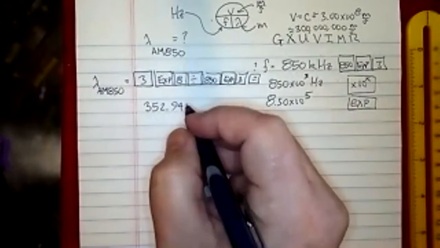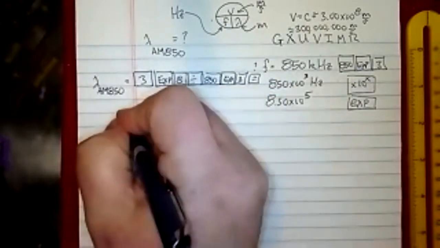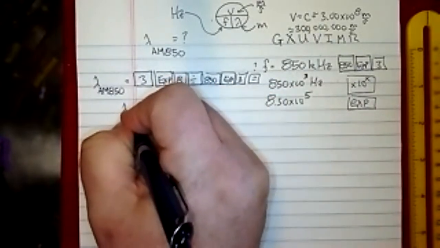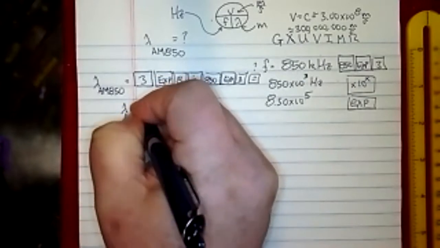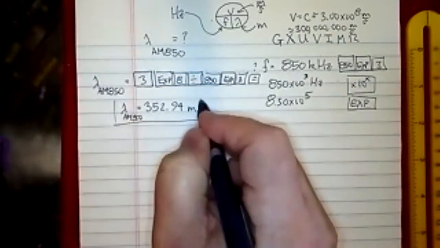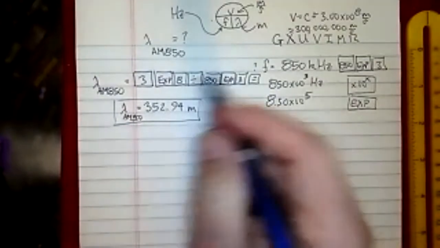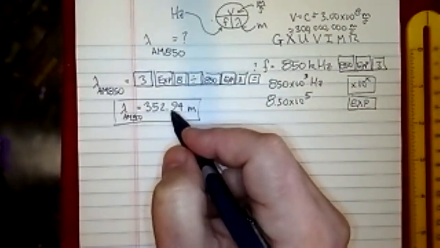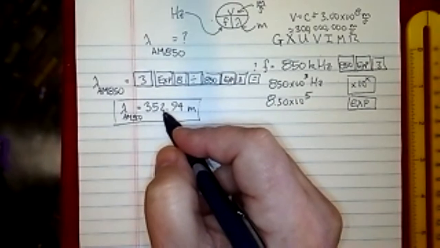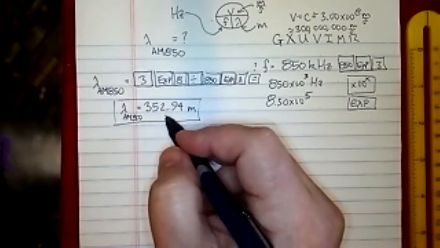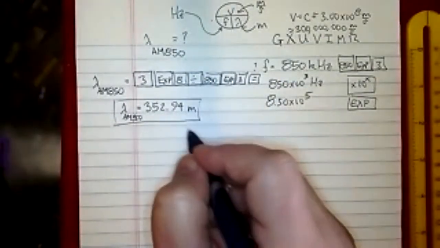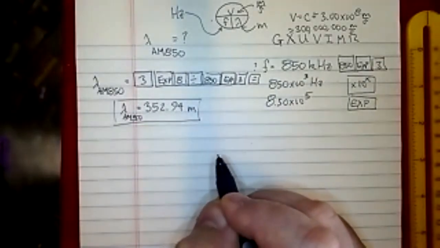So this actually has to be in meters. So we say the wavelength of AM 850 is 352.94 meters, or you just find the closest one, of course. I would never do 352.9 versus 352.90. I would never do anything like that. But that's how you find the wavelength.